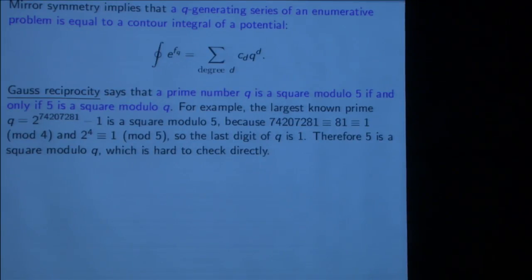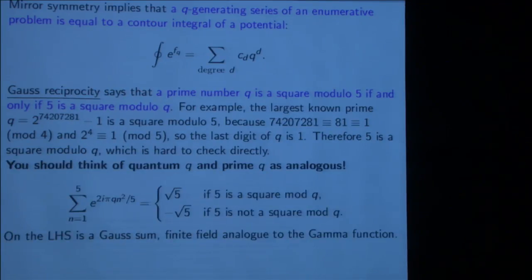Yeah. Okay, and maybe you're going to tell me that Gauss reciprocity has nothing to do with integrals. But in fact, Gauss introduced Gauss sums, and he computed the sign of Gauss sums, and it's a sum instead of being an integral.